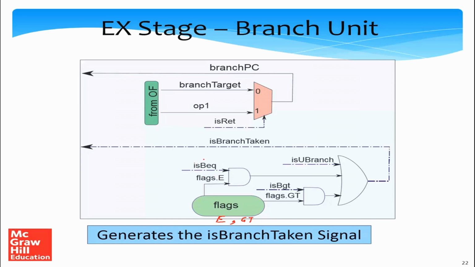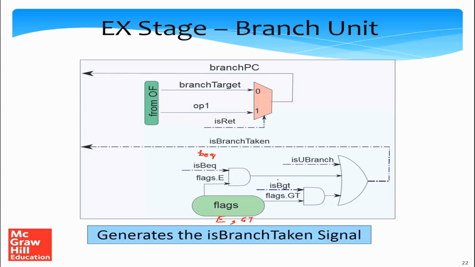Now let's see. If the instruction is a BEQ, branch if equal, instruction, then the is BEQ signal is set to true. If this signal is set to true and flags.E, the last comparison, had led to an equality, then this means that it should be a taken branch.